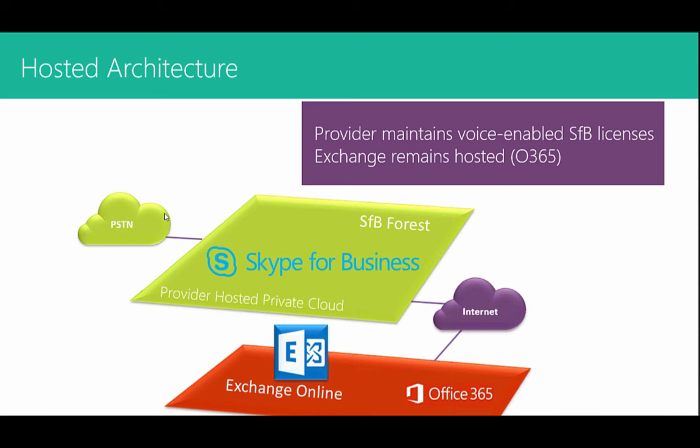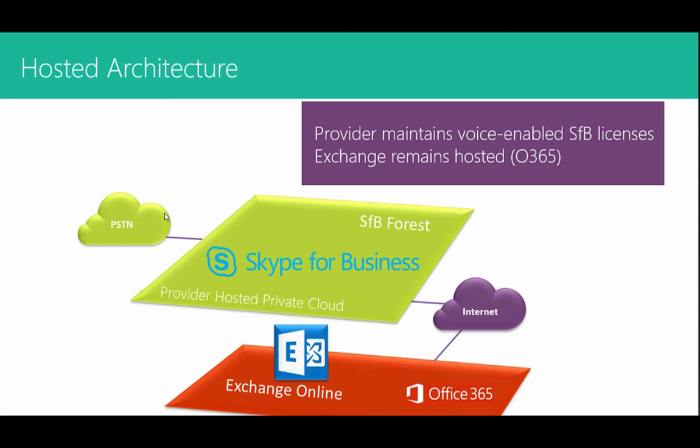What does that look like? It's done by companies out there called hosters. They're essentially carriers that have their own Skype for Business servers on site, so you don't have to have that. When you buy Office 365, your Skype for Business license is housed directly with Microsoft.